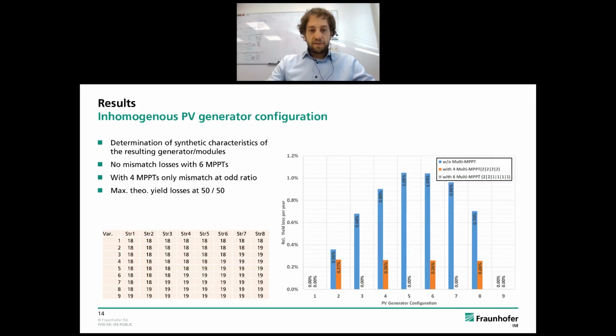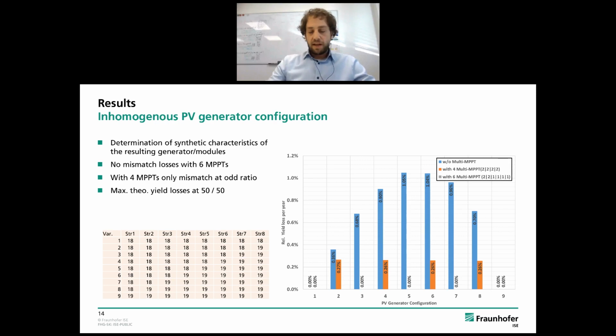So the next slide is showing first results. In that case, we integrated an inhomogeneous PV generator configuration for a plant. It's based on scenario A. So we have 8 strings, each consisting of 18 modules, and we varied the string lengths from 18 to 19 modules, and also the number of strings with the corresponding length.